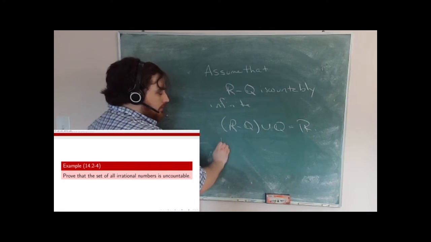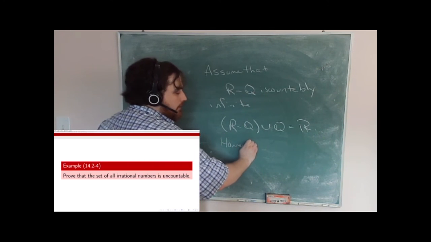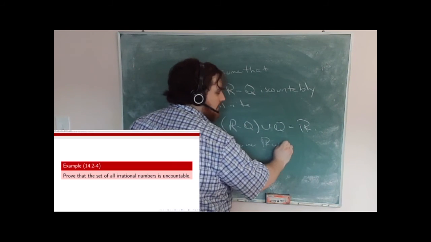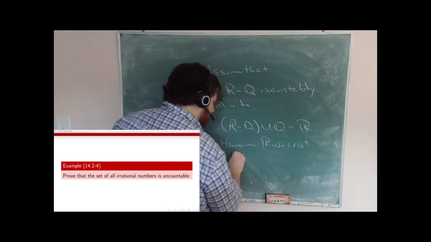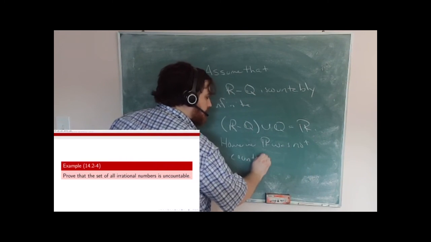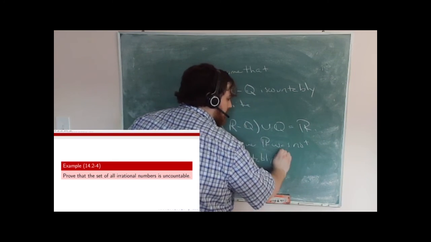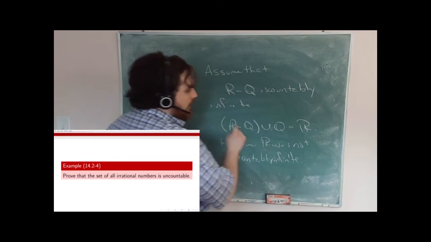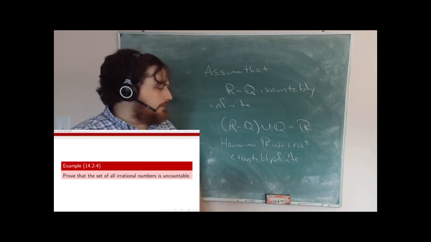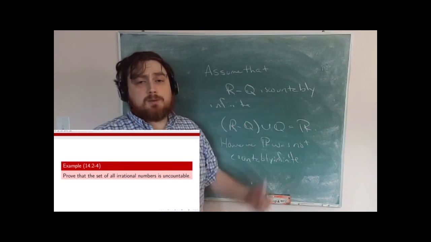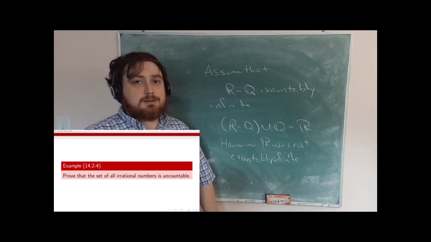However, we also proved that R was not countably infinite. Therefore, we can't have that the irrationals are countably infinite, because if they were, the reals would have to be countably infinite, and that's not the case.